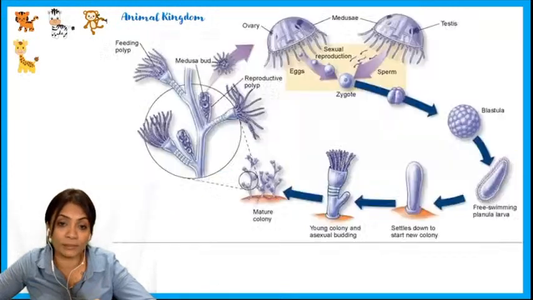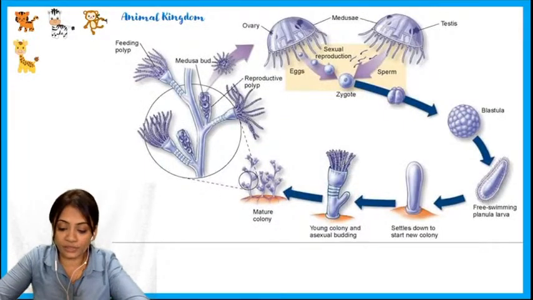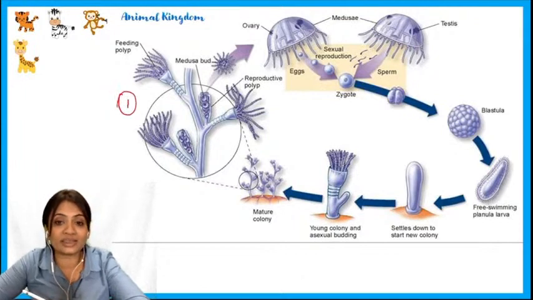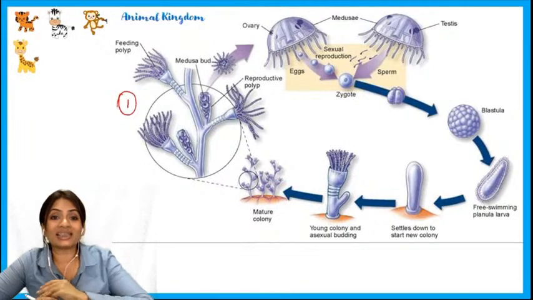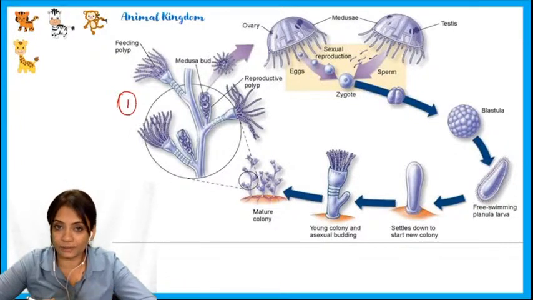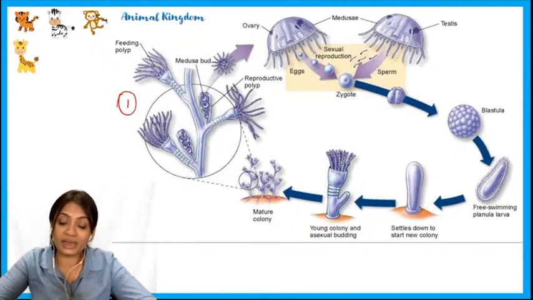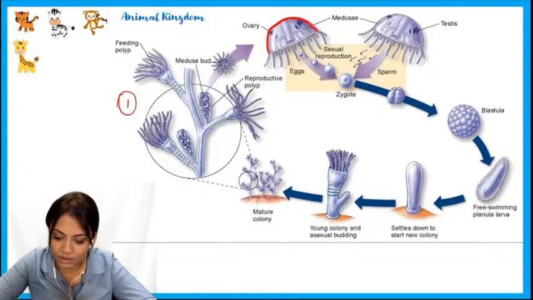Let's see what that is all about. Look at this diagram here. Can you see this diagram here? First of all, this first thing that we are beginning with is a polyp. Now this polyp structure that you're seeing here is not able to produce gametes. So what is it going to do? This polyp will reproduce asexually, and it is going to form intermediate bodies, and these intermediate bodies are going to be freely swimming.